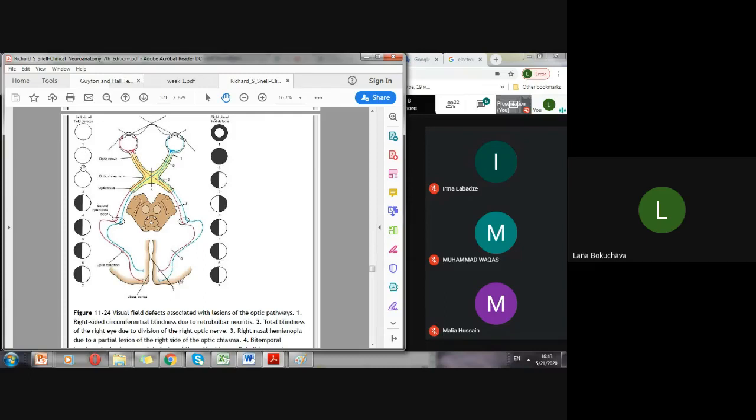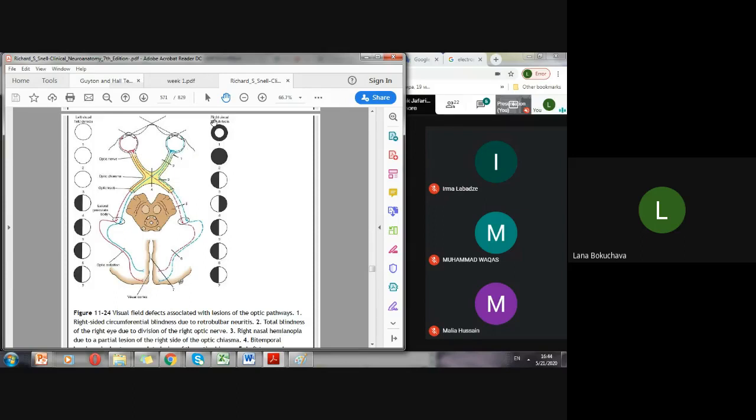But as we go through, number two is simply damage of the whole optic nerve on the right side. But you see that everything happens before the optic chiasma. Before the optic chiasma, if we have a trauma or any other type of problem, it means the visual loss will be ipsilateral to the injury. On the right side, I have optic neuritis, on the right side I have damage to the optic nerve.